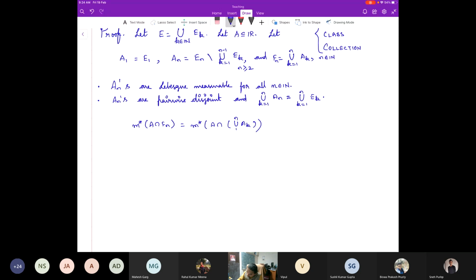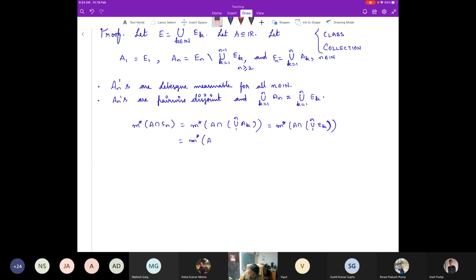But this is the same as M star of A intersection with the union 1 to N of EK. Just now we proved something, or I have left it as an exercise. Just use the previous lemma.